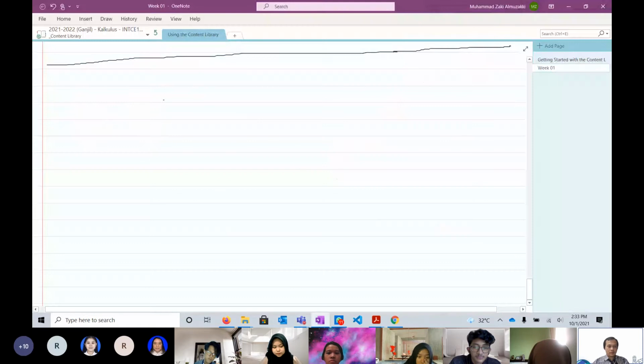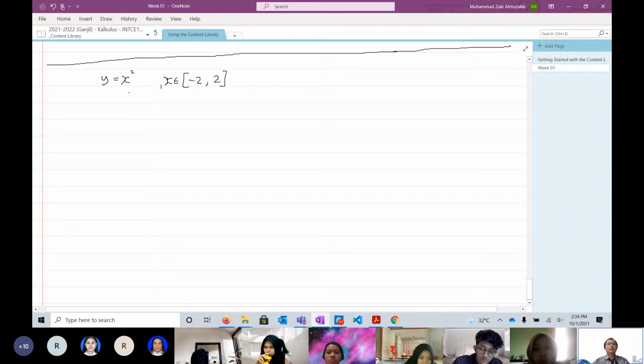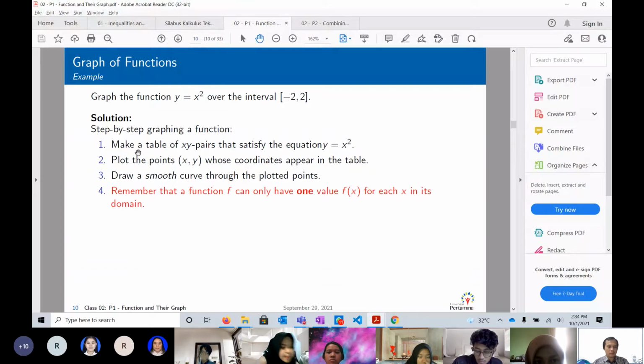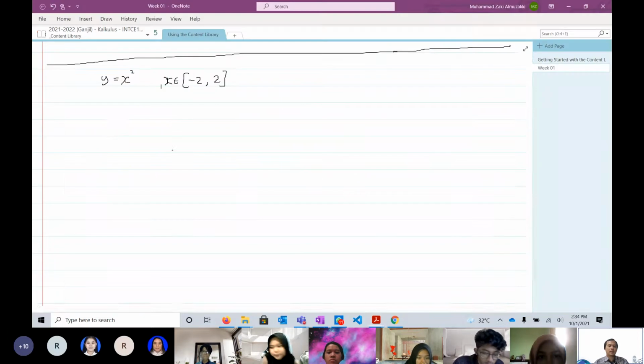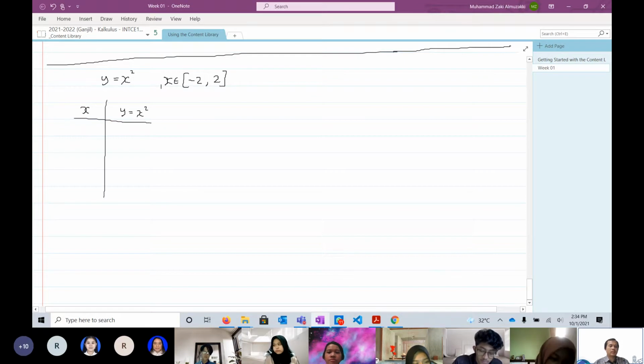So first we have x in -2 up to 2. Now we need to make a table of x, y pairs that satisfy this equation. So let's list x and y equals x squared. We will have a table that looks like this.